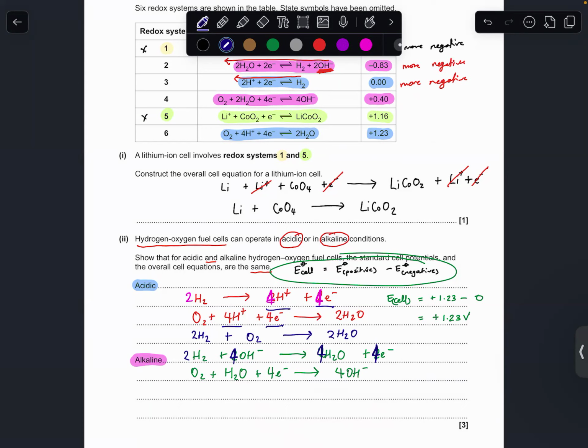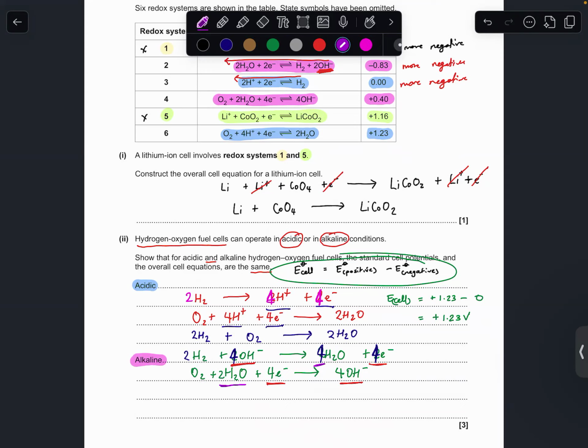And you'll notice again, whatever is on both sides, we can cancel out. You've got 4 electrons here, 4 electrons here. We've got 4 OHs here and 4 OHs here. There was originally a 2 there that I missed out. So we're going to cancel 2 waters with just 2 of these.